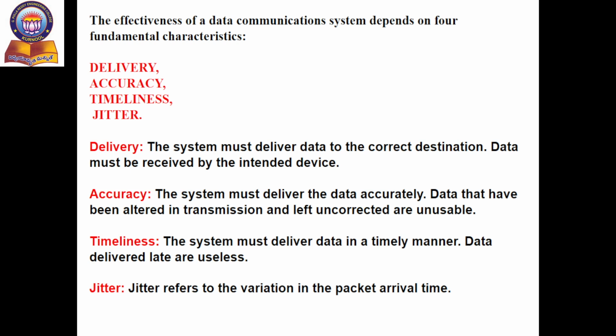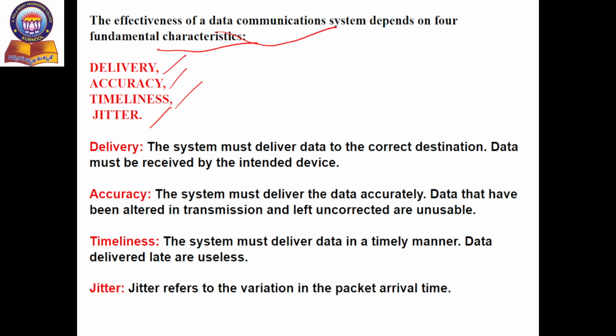There are some fundamental characteristics which define whether the communication is perfect. I'm talking about data communication. How effective the data communication is depends upon four characteristics: delivery, accuracy, timeliness and jitter.